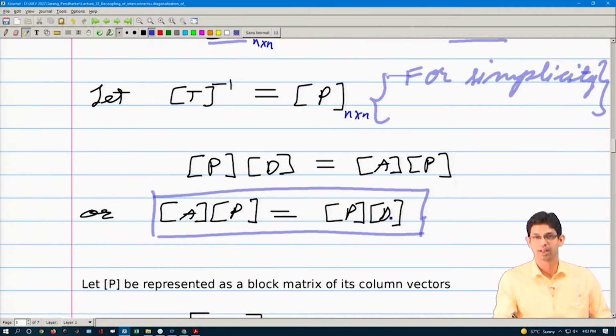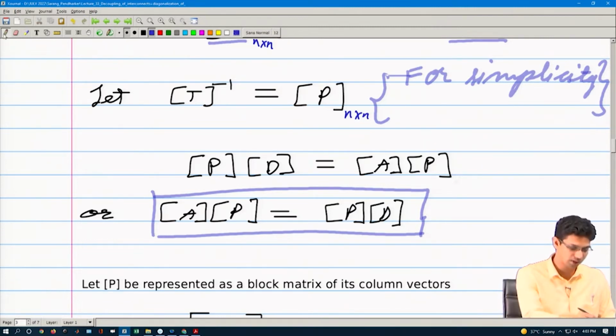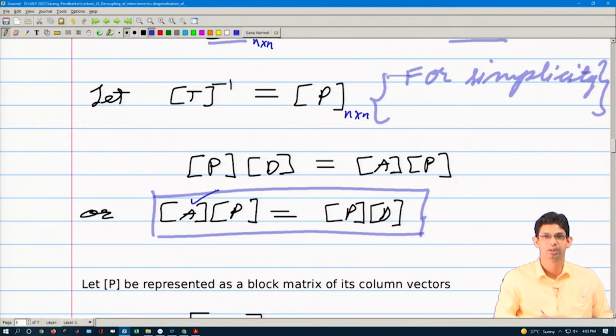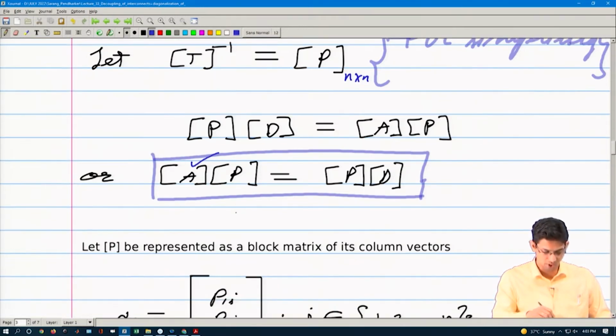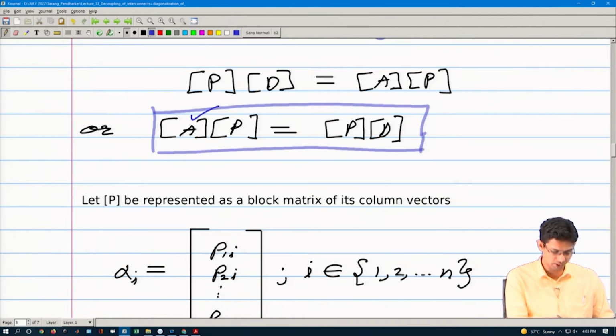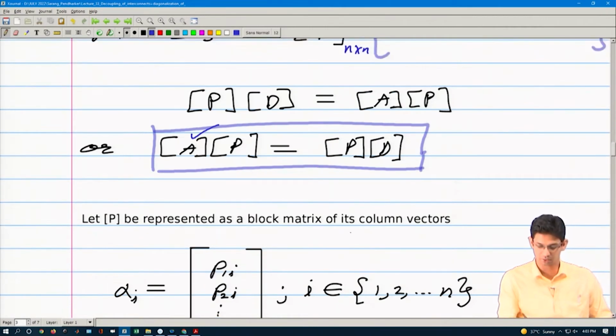Note that as of now, there is no constraint on D. We do not know D, all we know is A. We do not know D, we do not know P. So, how should we proceed? Let us represent P as a block matrix of its column vectors. P is n cross n.